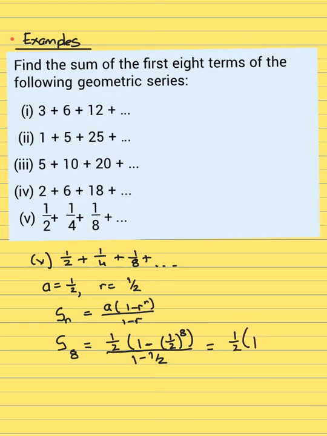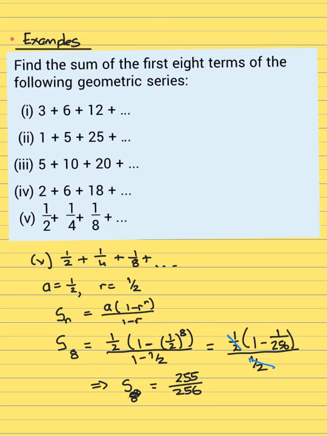A half times 1 minus 1 over 2 to the power of 8, which is 1 over 256, and our denominator is a half, because 1 minus a half is a half, and of course we can just divide above and below by a half, and we're left with 1 minus 1 over 256, which of course gives us 255 over 256. So the sum of the first 8 terms is 255 over 256.